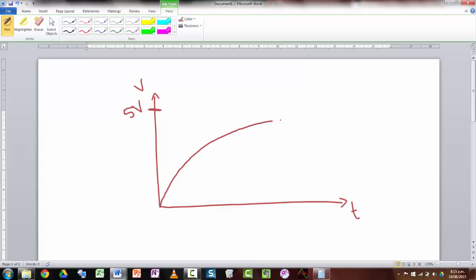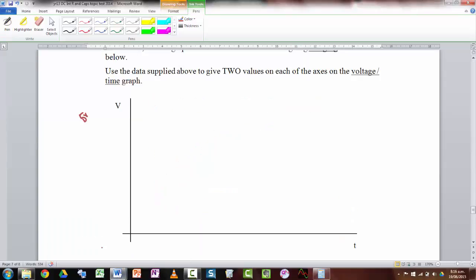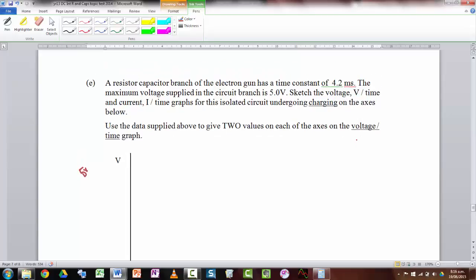We'll have 5 volts here, and the voltage will rise approaching that asymptote. And after one time constant here, which we said was, let's have a look. Let's go up so I can see the data. 4.2 milliseconds.